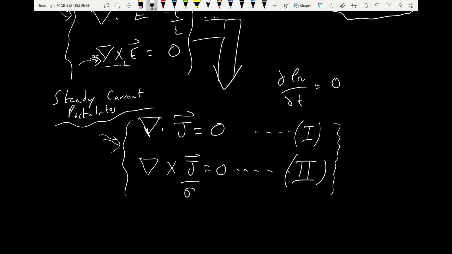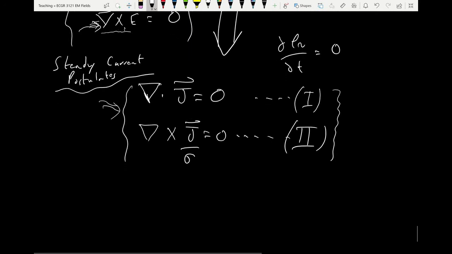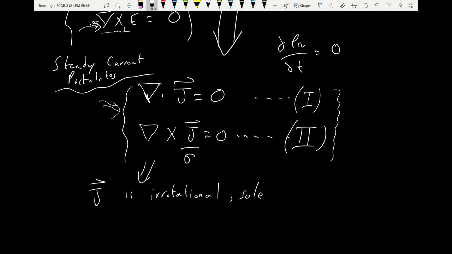Later on we can use the steady current to calculate the magnetostatic field, but we're not there yet. What do those two equations tell us? They tell us that J as a field is irrotational, its curl is 0, and it's solenoidal.